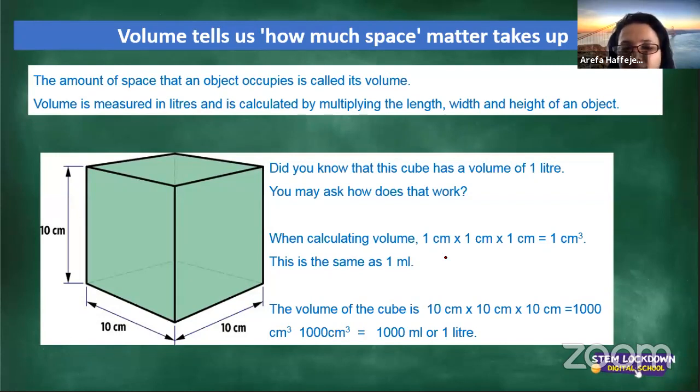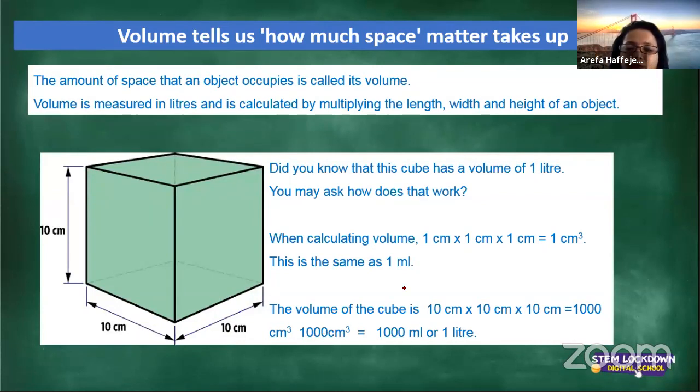Now, 1 cubic centimeter is the same as 1 ml. The cube is 10 centimeters in length, 10 centimeters in width, and 10 centimeters in height. And this basically equals 1,000 centimeters cubed.